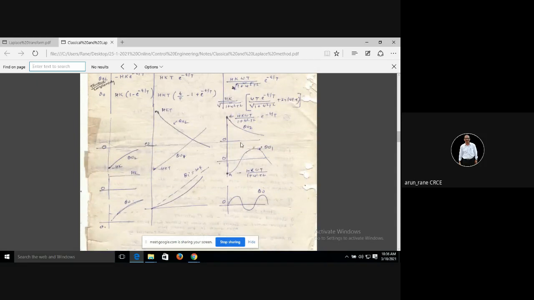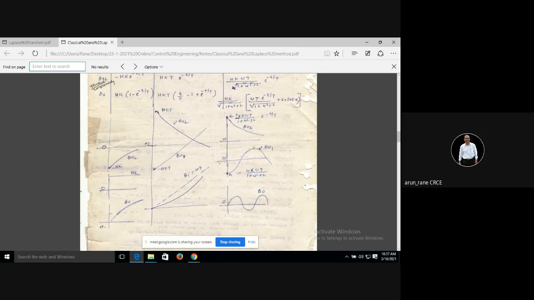So the total response theta output will be a combination of this. That is, when t is equal to 0, what is the output? hk omega t upon 1 plus omega square t square, and this. This part is not there. When t is equal to 0, this becomes 1. So please ignore this.